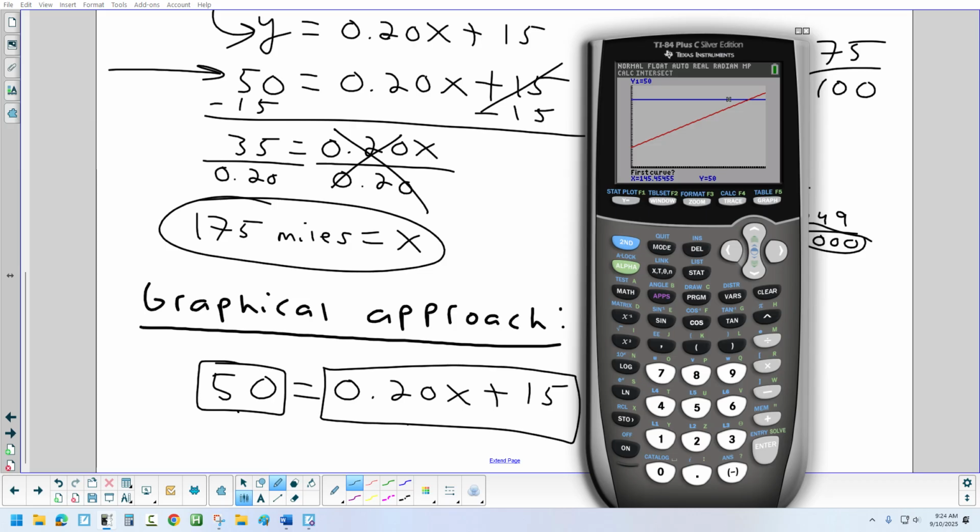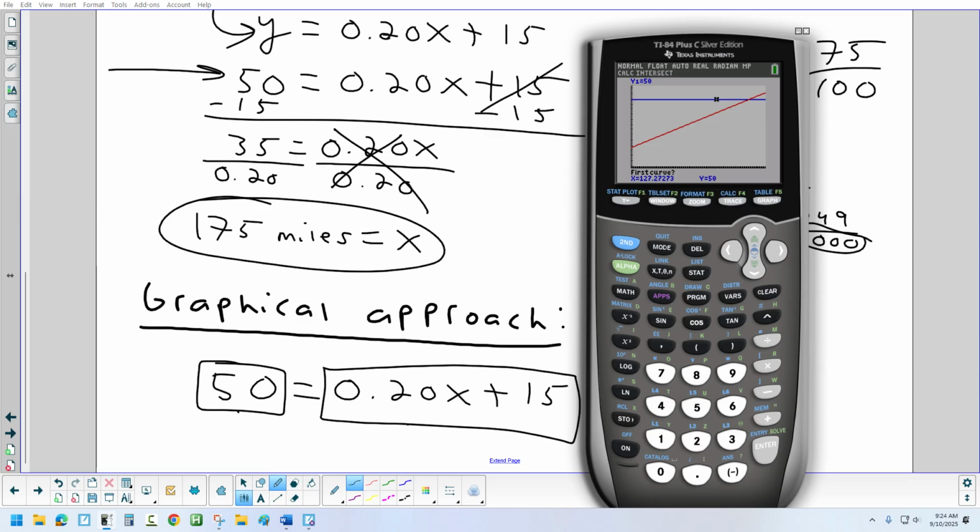Now, when you press option 5, it's going to ask you 3 different questions. First, it says first curve. What that means is pick a point somewhere on the screen that represents one of the lines you want to find the intersection for. Okay, we want the blue one. Doesn't matter where you put your point. You can put it right there.